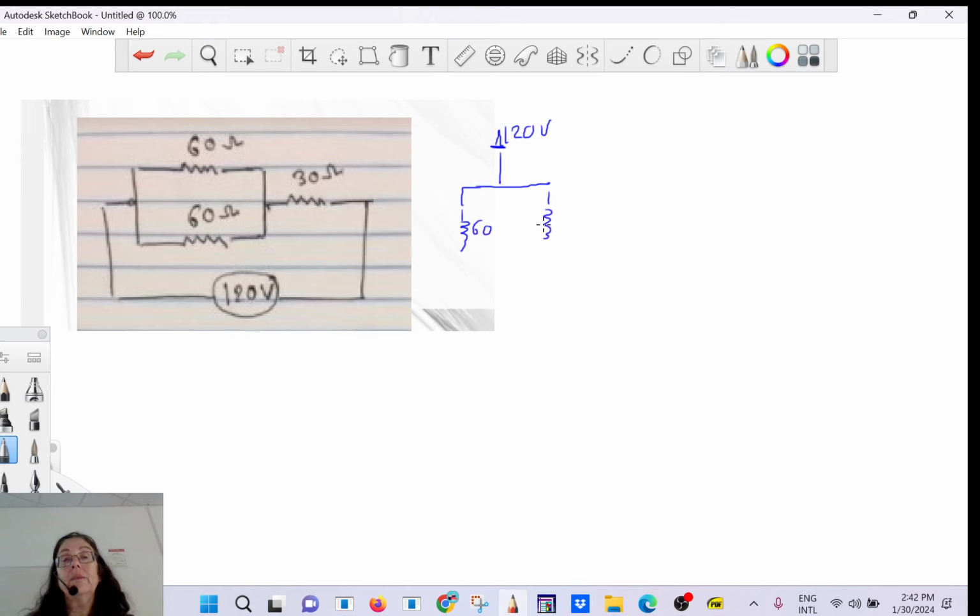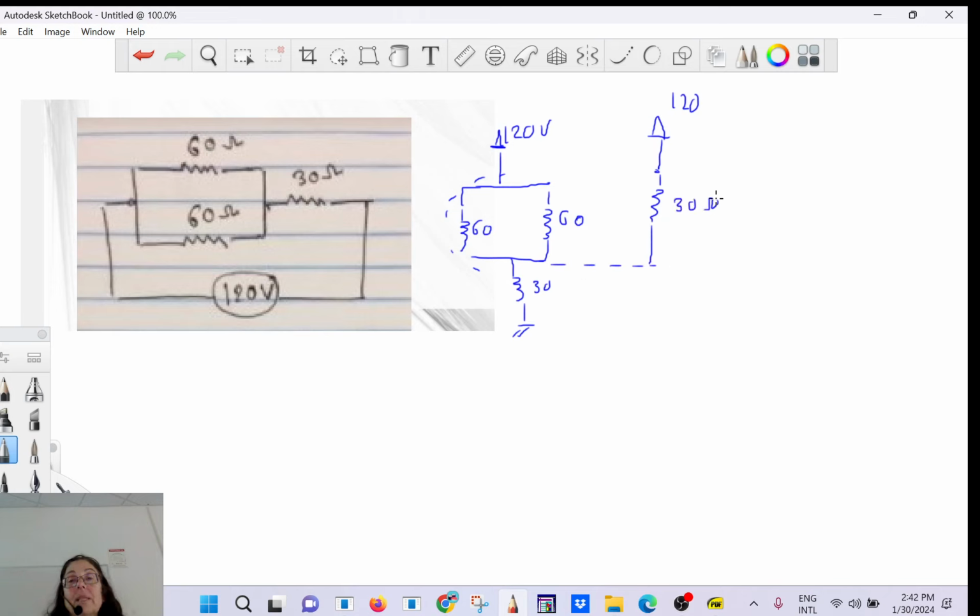One is 60, one is 60, and then they combine together, and you have 30 here. So this one, it's going to be 30. Okay, because they are in parallel. This one is 30.